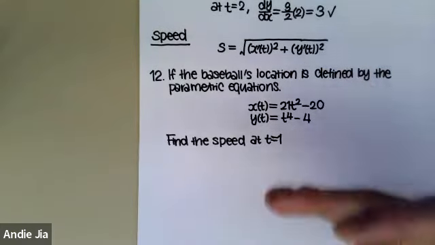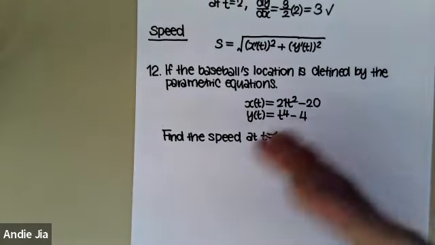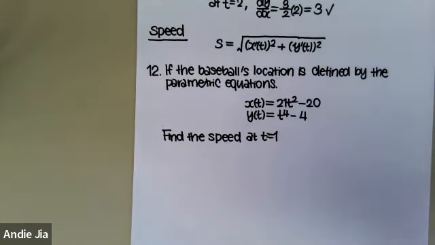I'm not going to do a proof of how this is derived, but why the square root and squares? Because speed can only be positive, it's how fast you move. Velocity can be negative, because if you're moving backward, you're traveling in a negative direction. Then velocity is negative, but the speed is still positive.